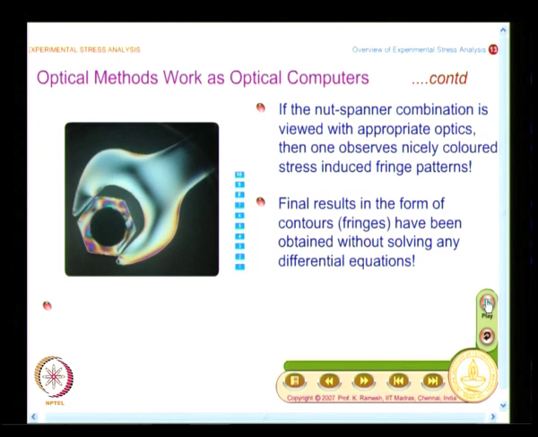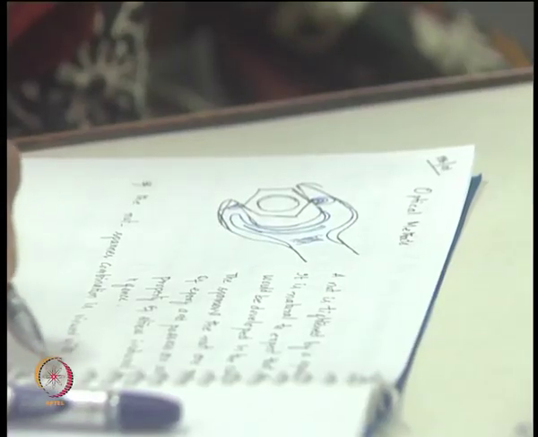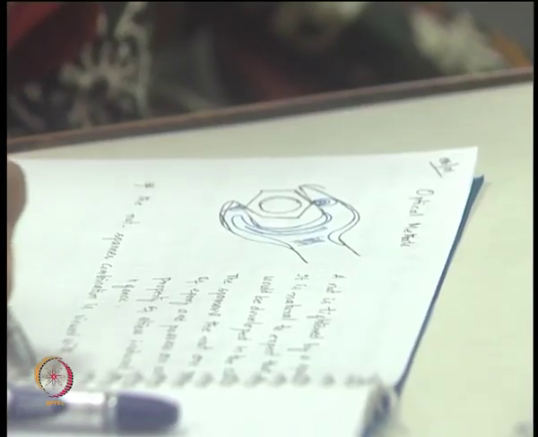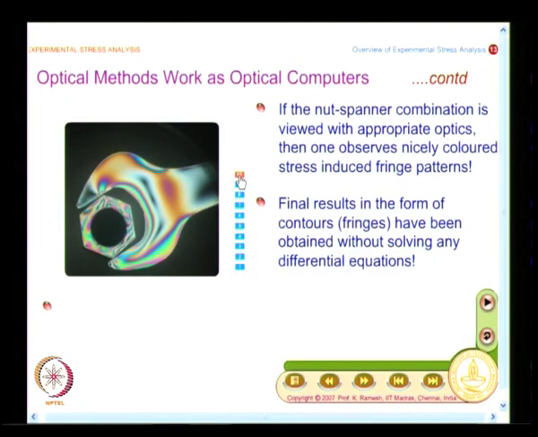If I had to do a similar exercise numerically, I would have to formulate the problem as a set of differential equations, solve it either in closed form or at least approximately, then go to a computer, use plotting software and replot the values, and then I will get these contours.